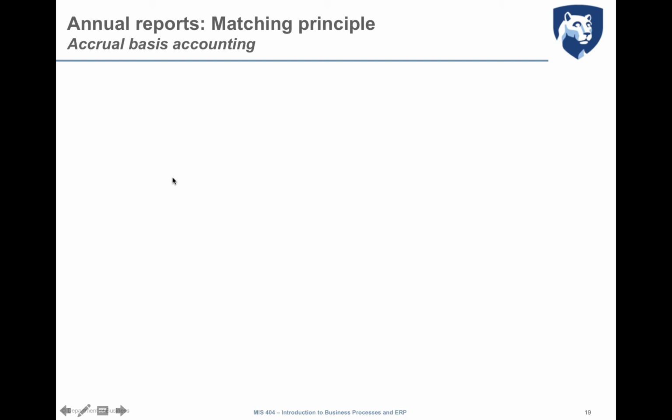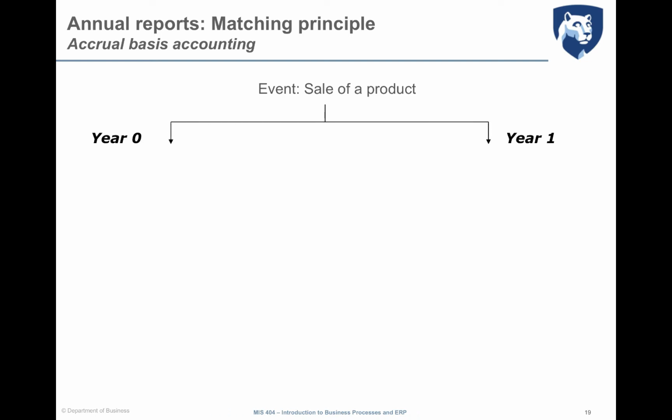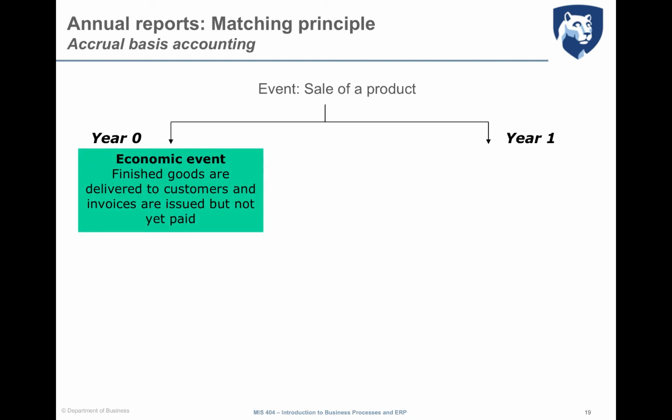Let's see this with an example. Let's imagine that today our company sells a product which will be paid by the customer after 1 year. This means that today finished goods are delivered to the customer and invoices are issued but not yet paid, and this is an economic event.